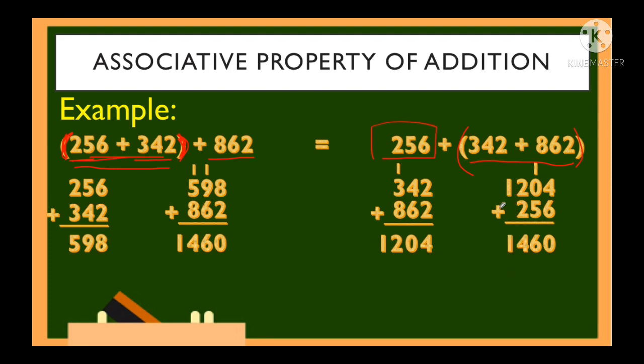Now, we have here the final answers. Are they the same? Yes. So regardless of the places or order of the parentheses, in an addition problem, the answer is still the same. So that is the associative property of addition.